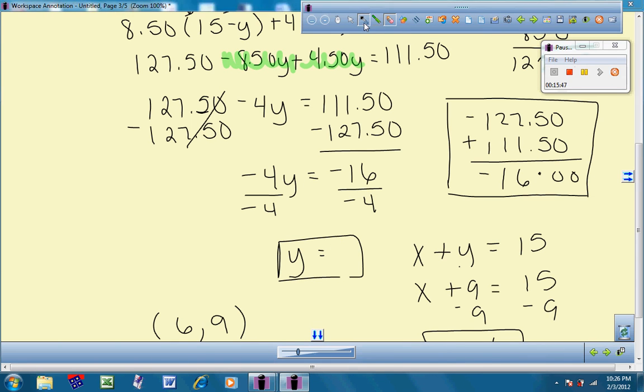Negative 16 divided by a negative 4 gives you a positive 4. So we in fact bought 4 CDs that cost us $4.50. Okay, I can still go ahead and use my first equation. Nothing has changed there, but instead of using 9, we are going to use 4.